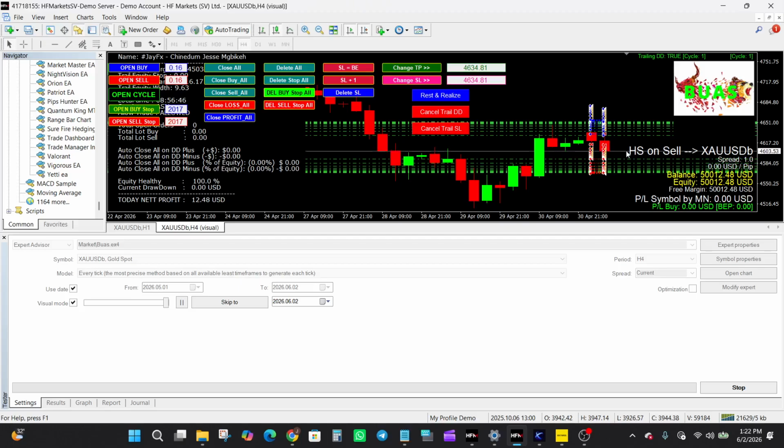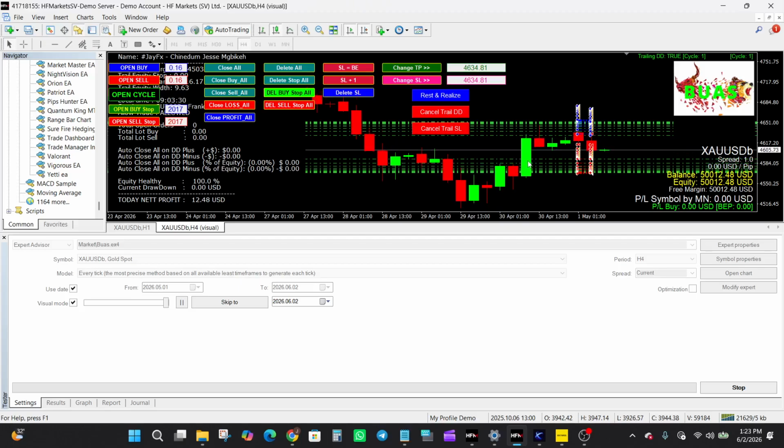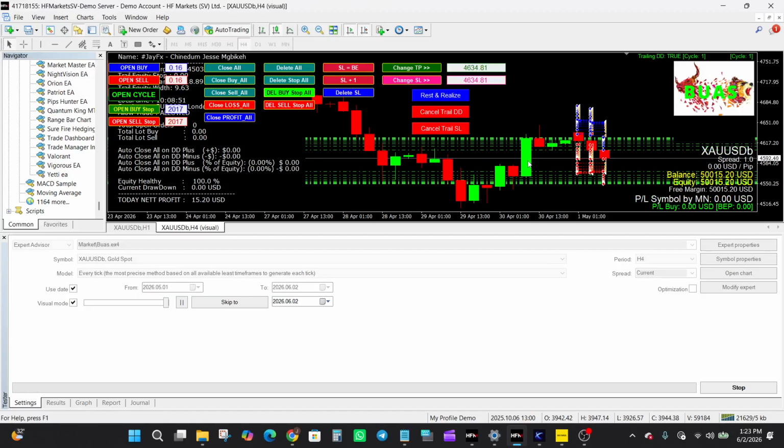Okay, so overall, the BUAS EA is positioned as a highly structured, control heavy, automated system for users who want full execution management through a single interface. All right, but like all grid based systems, proper risk control and long-term testing are essential.